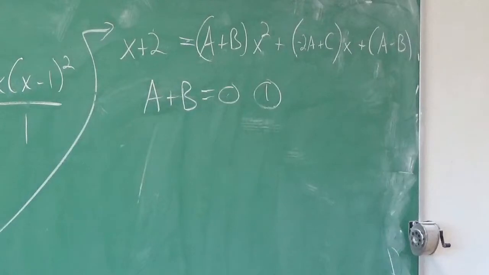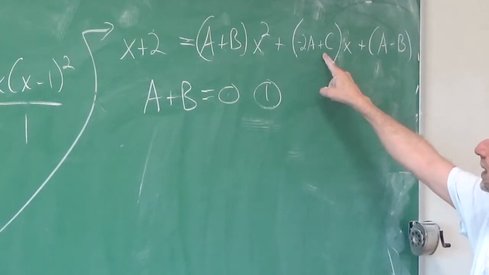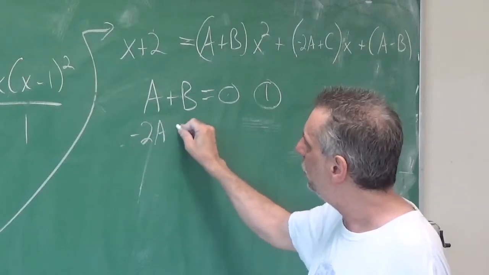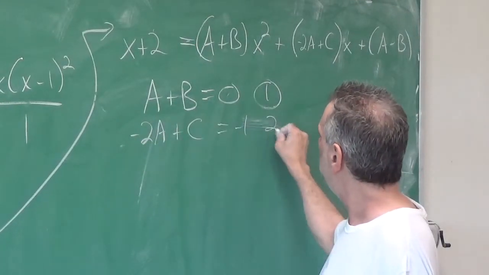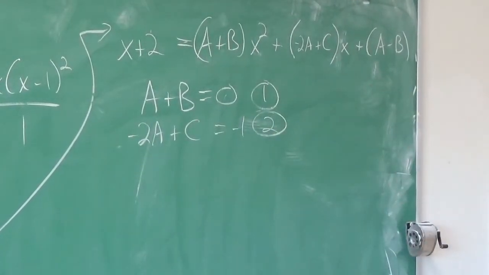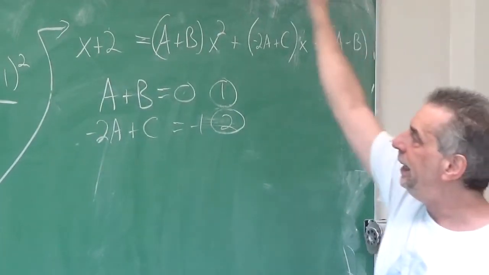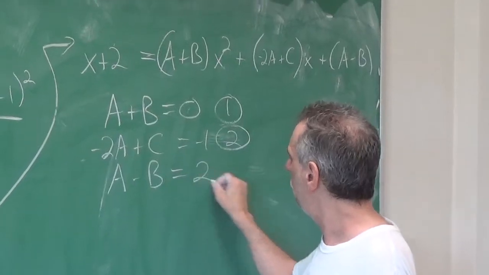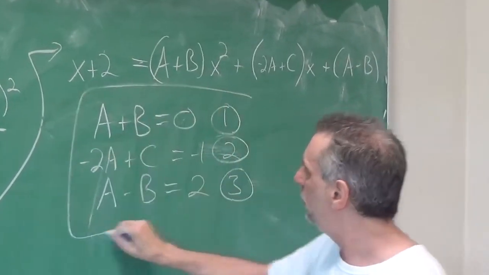That's our first equation. Negative 2a plus c must equal negative 1. That's our second equation. And a minus b must equal 2. That's our third equation.